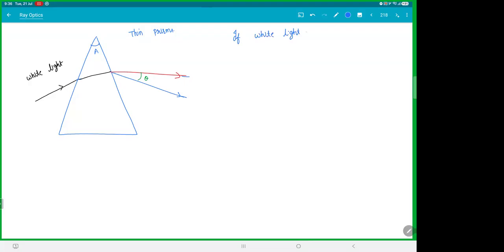So if white light is passed through a prism, different wavelengths have different mu, so they all have different deviations.